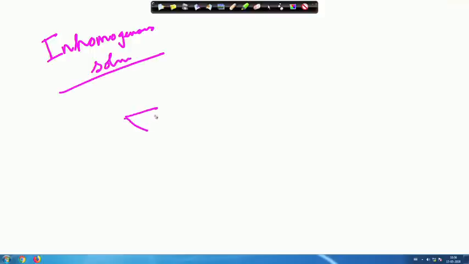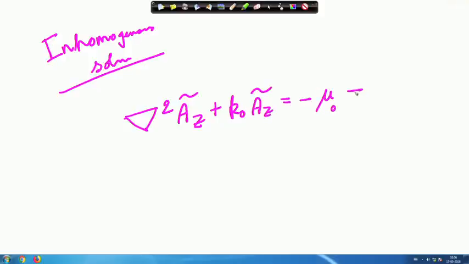So, what is the equation? Write the inhomogeneous equation. This was our inhomogeneous equation.